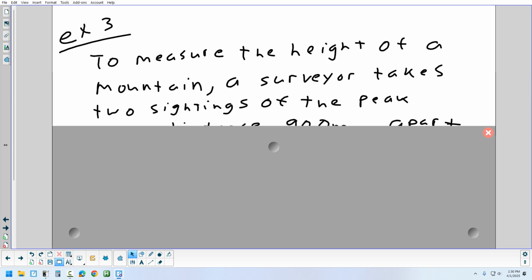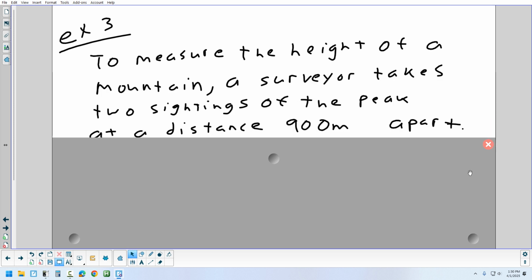All right, so what we're going to do in this problem is a surveyor is going to measure the height of a mountain. And the way we're going to measure it is we're going to take 2 different readings.